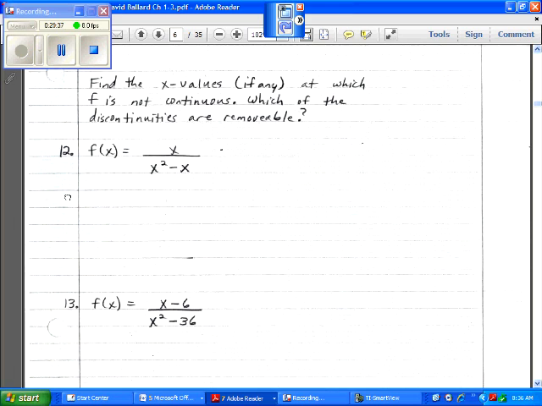All right. Now, the question here says, find the x values, if any, at which f is not continuous. Which of the discontinuities are removable? So we want to find discontinuities, and we want to see if we can remove those discontinuities. Now, what would cause a discontinuity here?